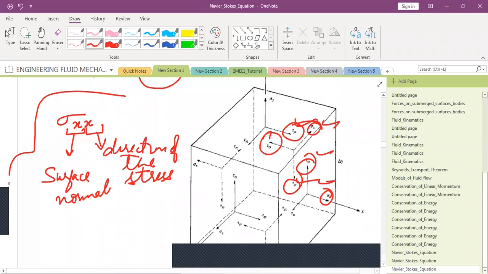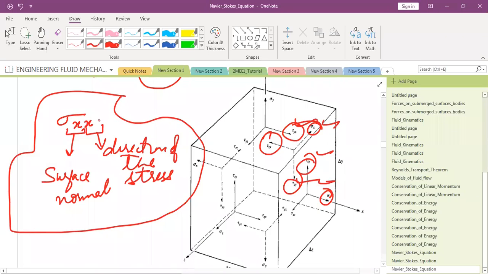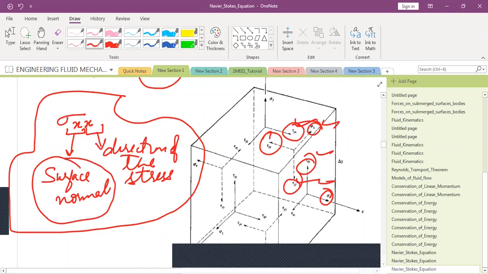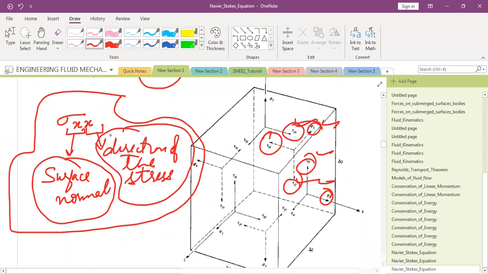So this is consistent with what you are studying in solid structures as well as what is there in the majority of fluid mechanics textbooks. So any doubts? First will be the direction of the surface normal, and the second will be the direction of the stress itself. I will be following this only for your benefit, so that you follow a single convention. Is that clear?